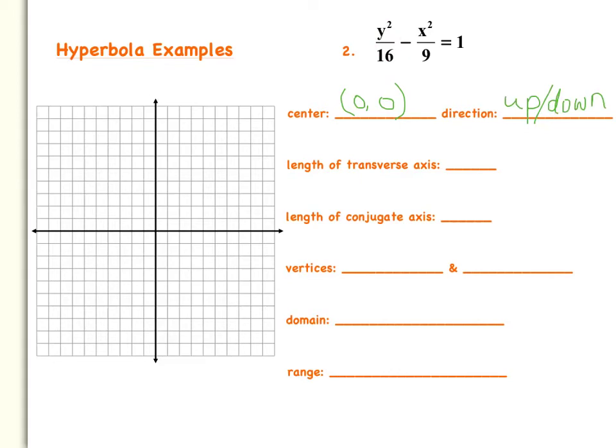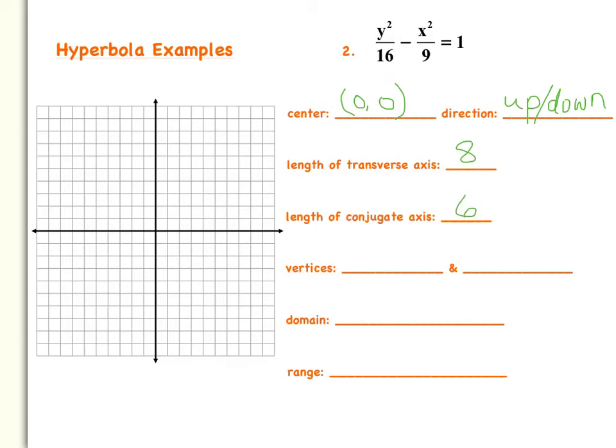Now let's determine the length of the transverse axis. Well, a squared is 16, so the square root of 16 is 4, and 4 times 2, remember we have to double the a value, so 4 times 2 is 8. Now for the length of the conjugate axis. The b squared term is 9, the square root of 9 is 3, and 3 times 2 is 6.